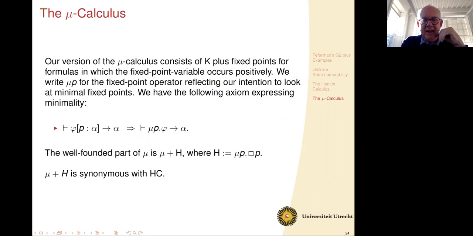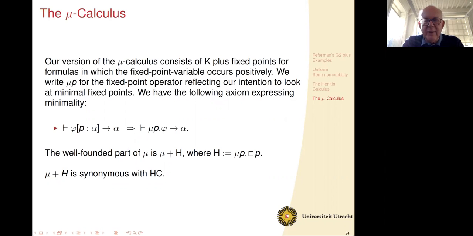That has the fixed point axioms that I showed, but not Lbs rule, but it has the minimality rule, which is in some sense very much analogous to Lbs rule. It says that if P occurs positively in phi, and if phi of alpha implies alpha, then the minimal fixed point of phi implies alpha, right? Think of Tarski-Knaster.